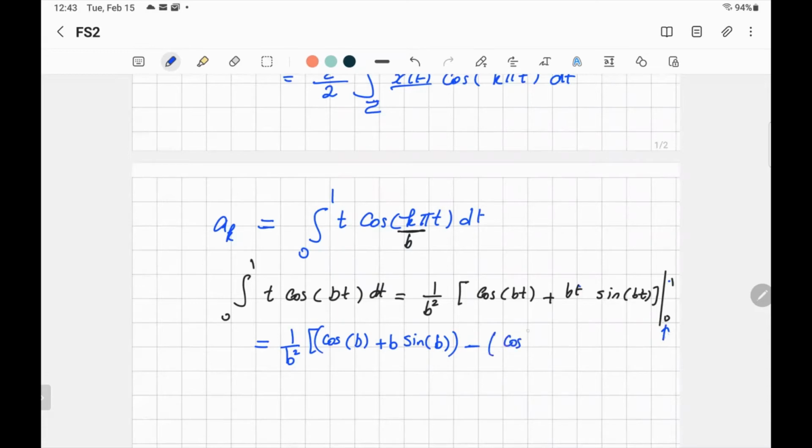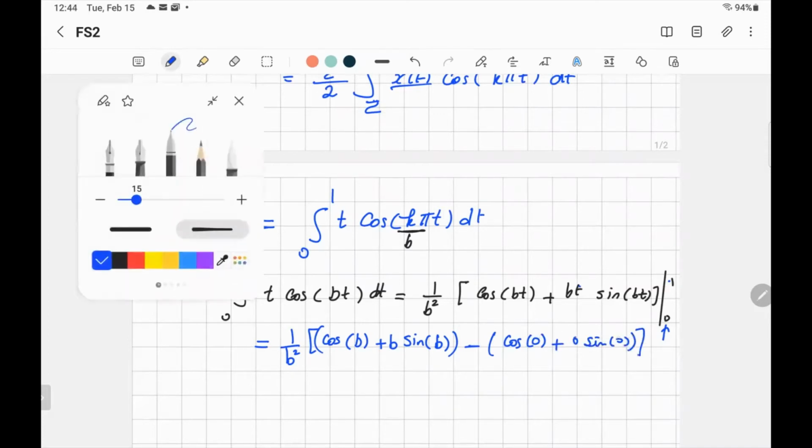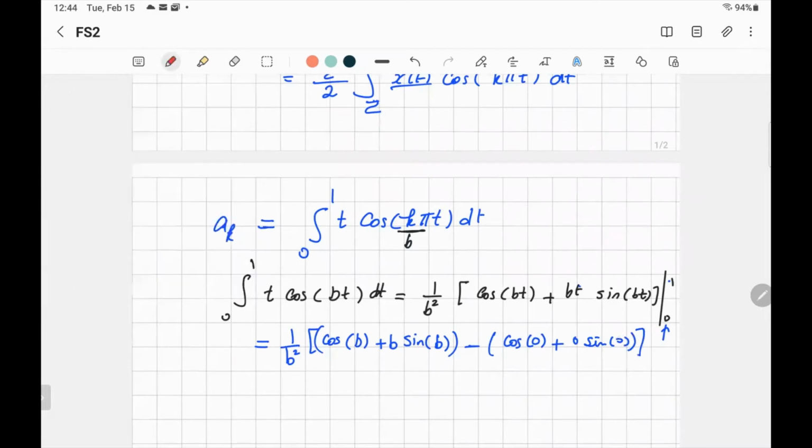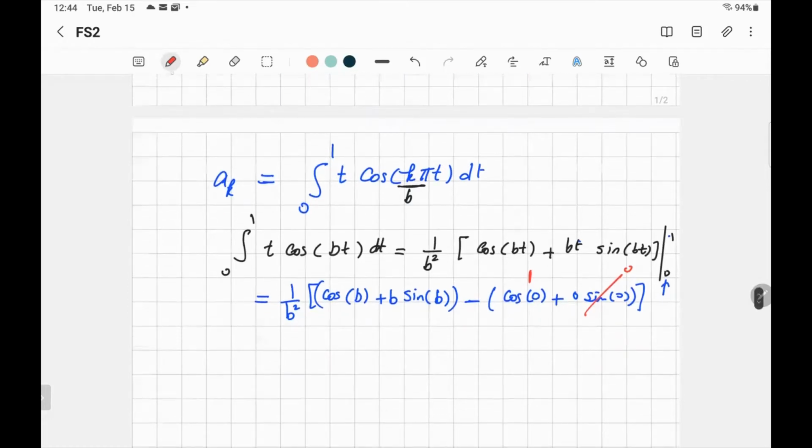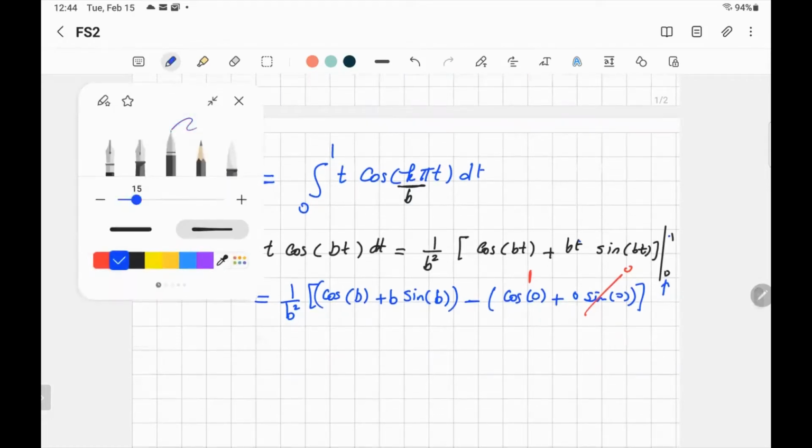Don't forget the brackets: cosine 0 is 1, plus 0 times sine 0. I did it before substituting the value of b. Cosine 0 is equal to 1. I still have to substitute for b.